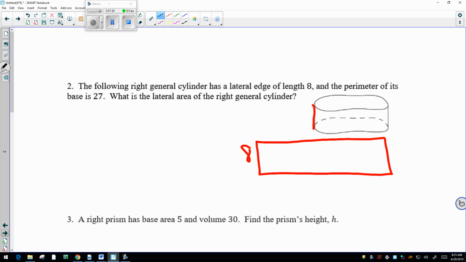It's going from here all the way around, all the way back is 27. So in other words, when we lay it out straight, that's the length of that rectangle. So if they want that lateral area, it's a rectangle. It's length times width. It's 27 times 8. So multiplying that out, that's going to get you 216 units squared. Don't forget your label.